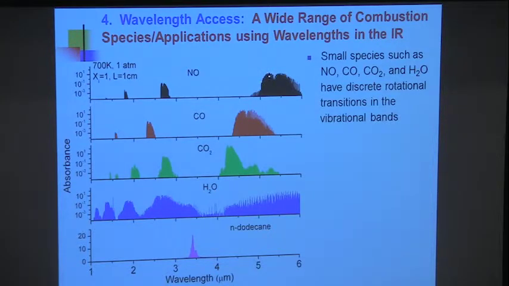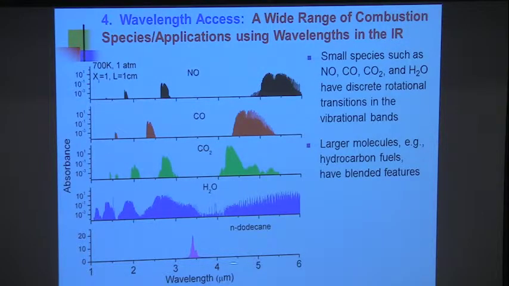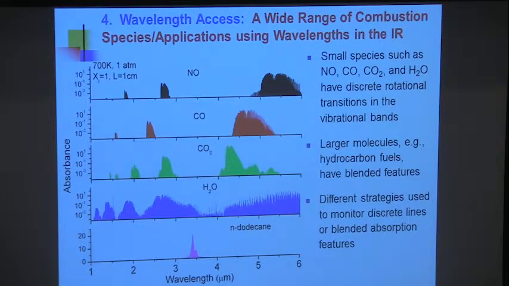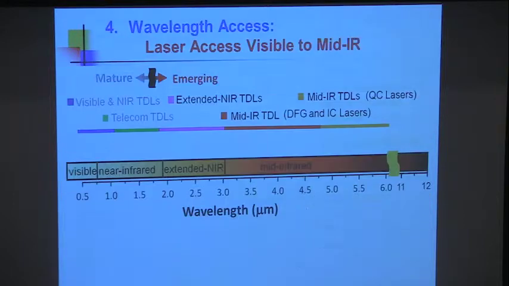Well, you want to use one that's near the peak, if you need to have strong absorption. And you want to pick one that's free of interference from CO2 and water. So you have to search around in the available wavelength range of your laser to find the best transition, the strongest. Large molecules we have to deal with a different way. They have blended features, and we tend to do that with some different strategies than I've showed you.